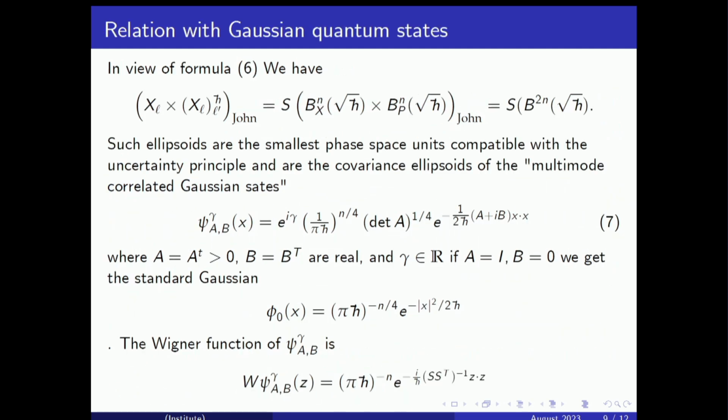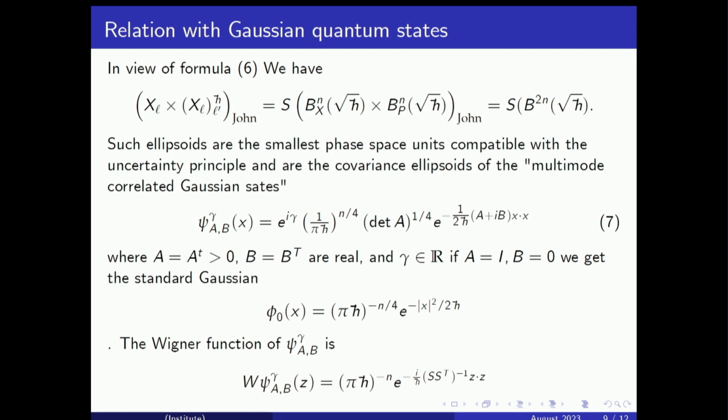Then, okay, relation with Gaussian quantum states. Here, what I denote ψ_{γAB} is not a standard Gaussian, but what is called a generalized Gaussian or a multi-correlated Gaussian in physics. The exponential factor iγ is in fact irrelevant.